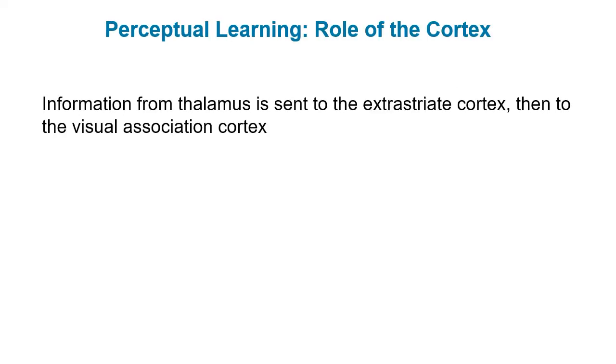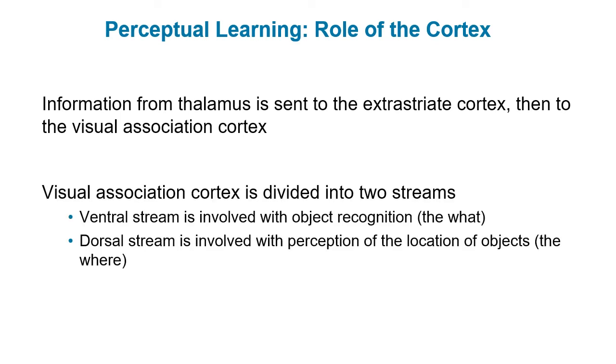So when it comes to the cortex, information from the thalamus is sent to the extrastriate cortex, then to the visual association cortex. When we're talking about vision, again, all of them work in a similar way, but essentially this information is being sent on, and then that visual association cortex, if you recall, just like all of the other ones for the other senses, is split into two.